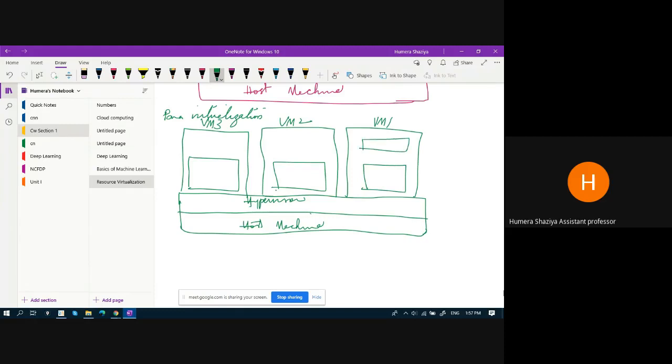After I put here the concept, you tell me what is the difference between full and para. Can you identify the difference between full and para?